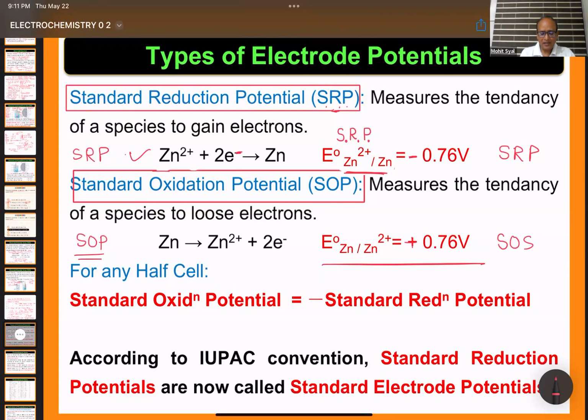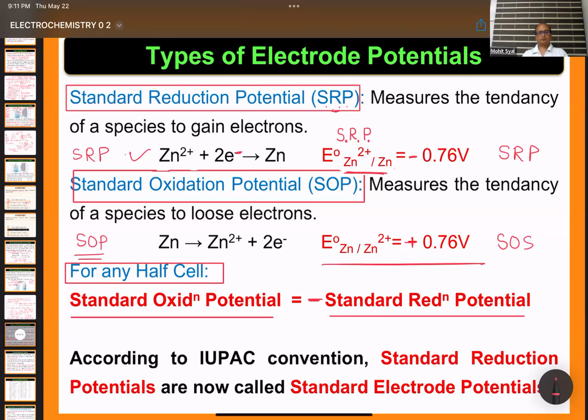For any half cell, the value of standard oxidation potential has sign opposite to that of its value of standard reduction potential. Is it clear or not? Clear to everyone?